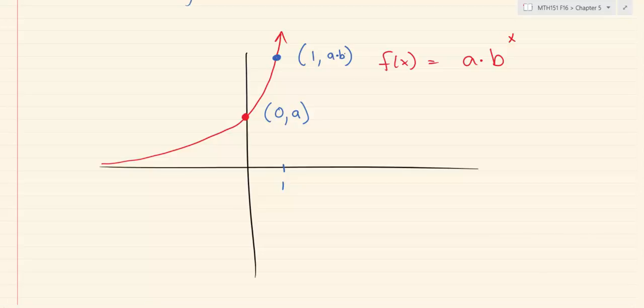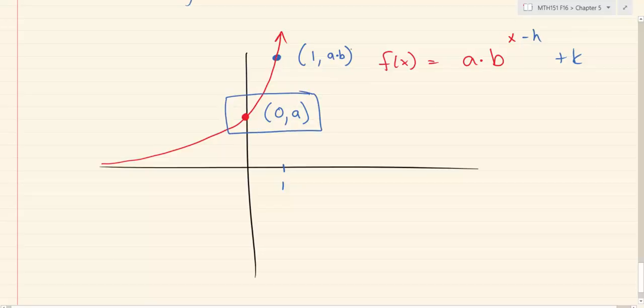A little later on, when we get into more advanced graphing, we're going to throw h and k in here, with a minus h and a plus k. All you're going to do is grab this point and this point and shift them both up or down or left or right. These 2 points are very important, and remember where they come from. Anything to the 0 power is equal to 1. Anything to the first power is equal to itself. Those 2 points come from that rule.